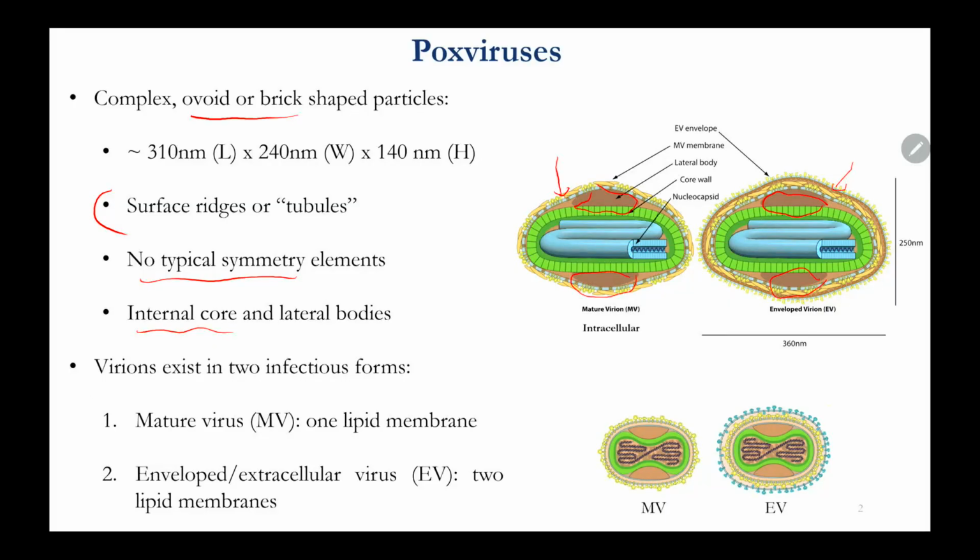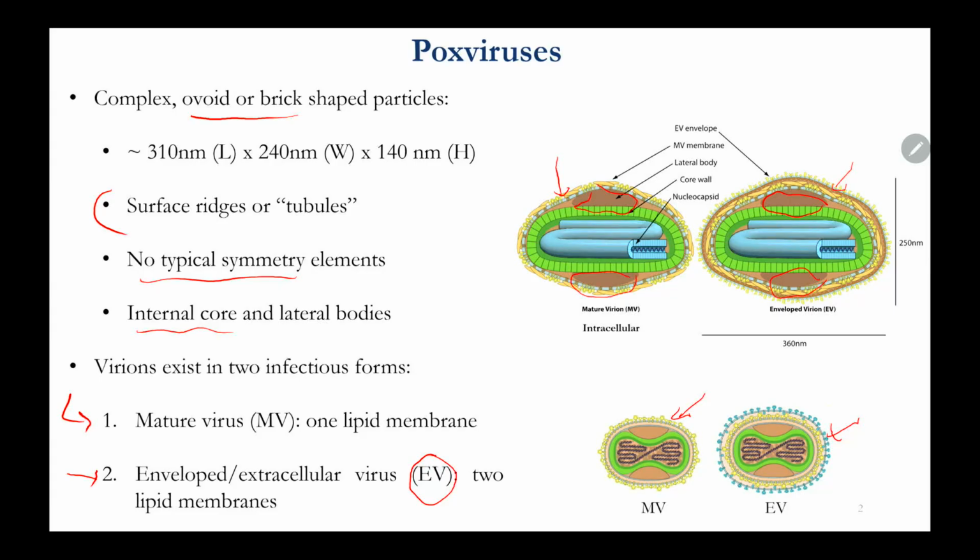One is the mature virus, or MV, and this has one lipid membrane. And on top of that, the second variant is the enveloped virus, or the extracellular virus, which is also called the EV. And this has two lipid membranes instead of one lipid membrane. So you can see the MV virion here and the EV virion here.